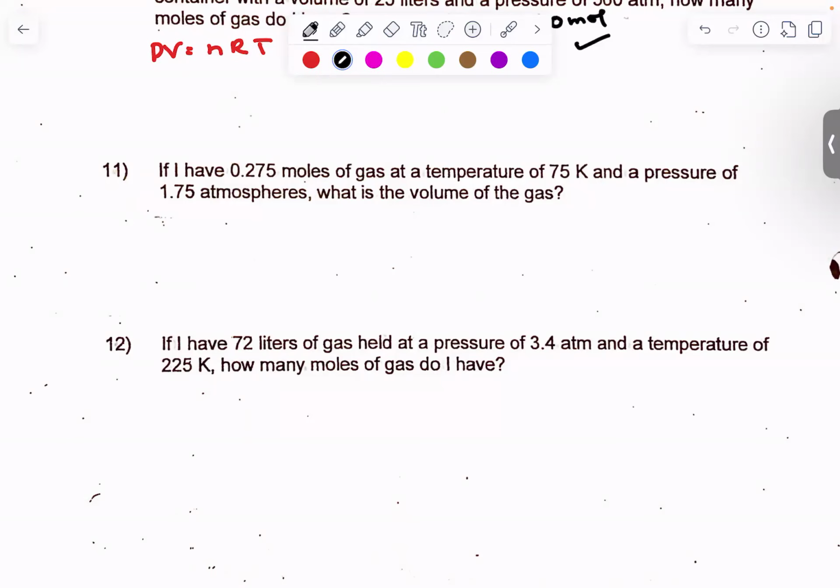So V equals nRT over P. I got 0.97 liters. Yes, correct.